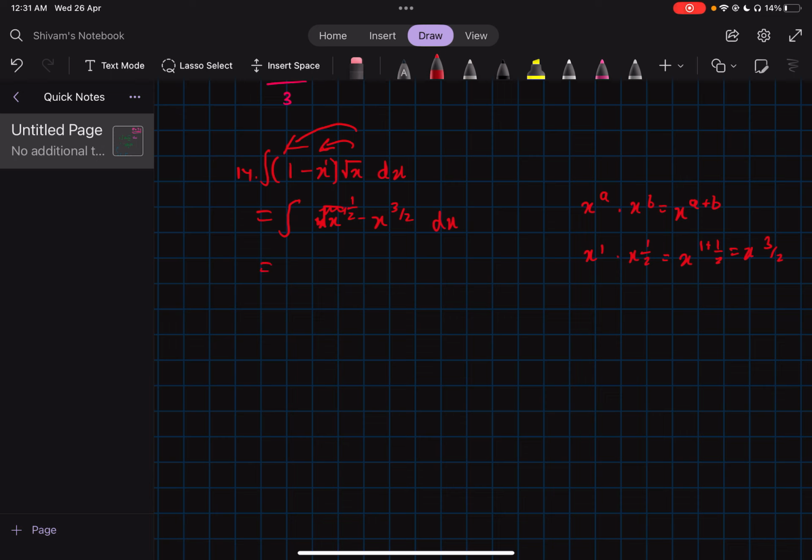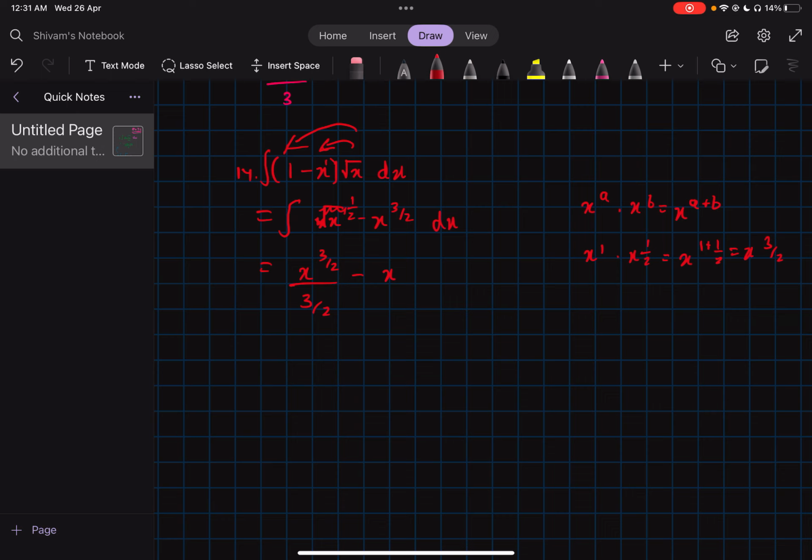And this is just, well, I'm going to write it as x to the half power. And then you're going to use the power rule again separately. So x to the half, you're going to add 1 and then divide by the new power. That will give you this. And then again, you add 1 to 3 by 2, you get 5 by 2.